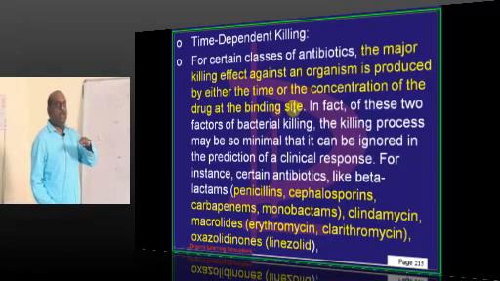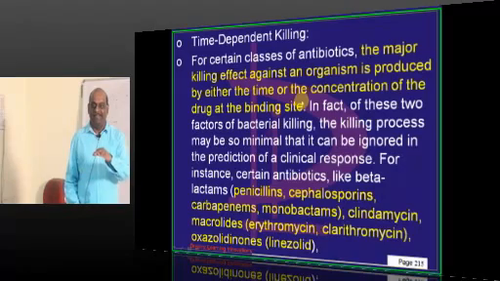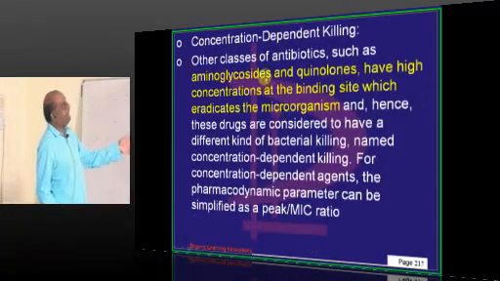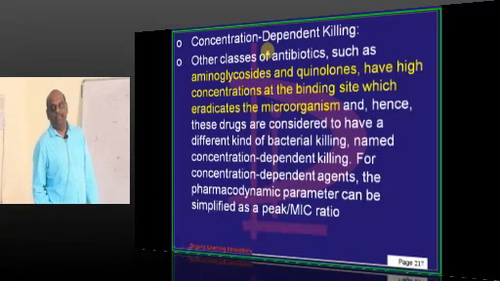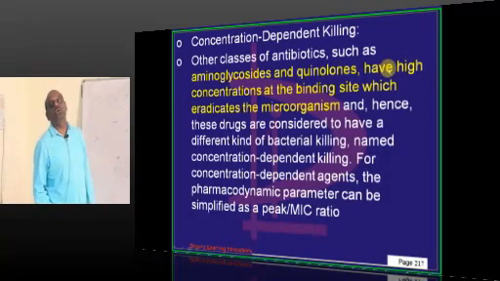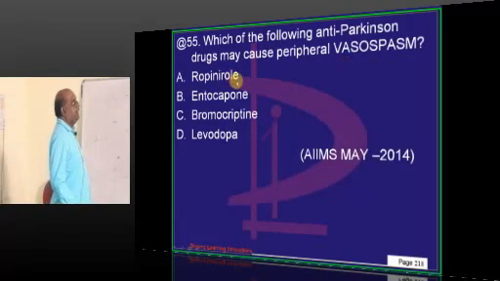That means how much amount of time it is above the minimum inhibitory concentration. That is very important. Then concentration dependent killing is shown by aminoglycosides and quinolones mostly. So these are the three important pharmacokinetic issues which you need to remember.